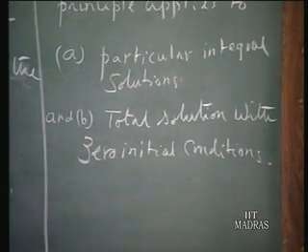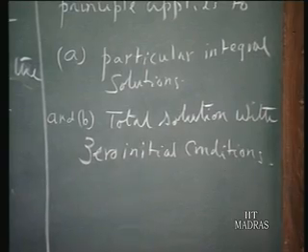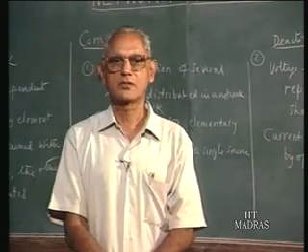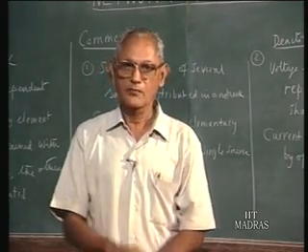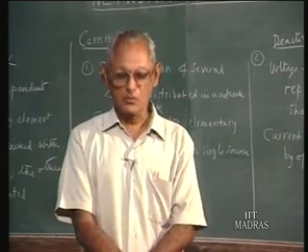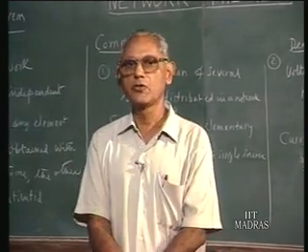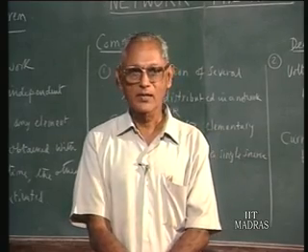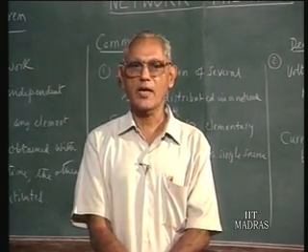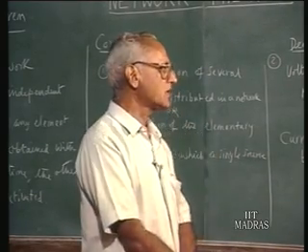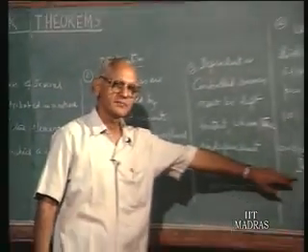So you can superpose the responses if they are in the form of particular integral solutions, or alternately, if the total solution is what you are looking for and you want to superpose this total solution due to each individual source acting at a time, then the superposition principle is valid provided the network has zero initial conditions.